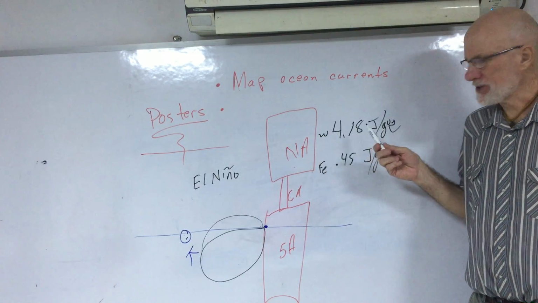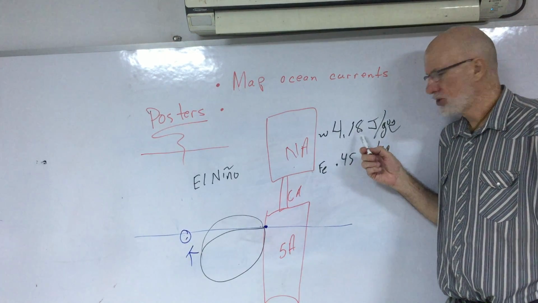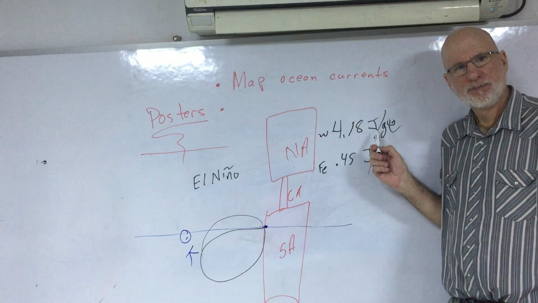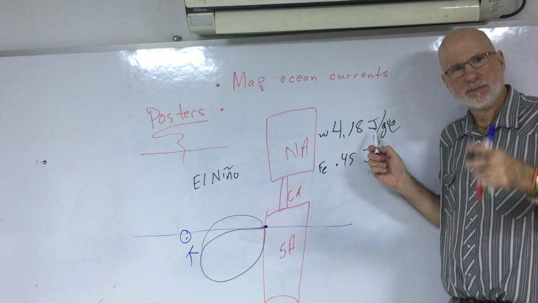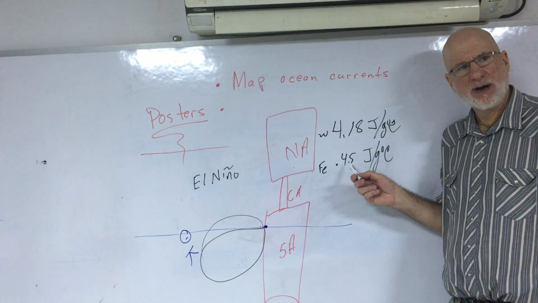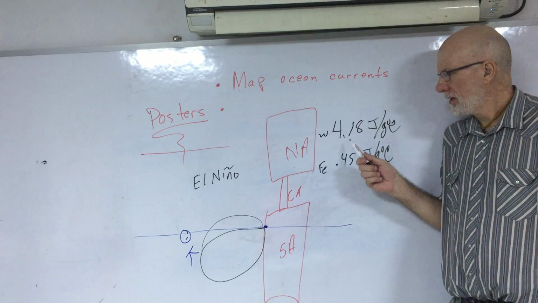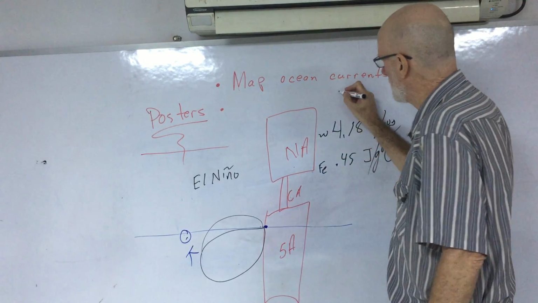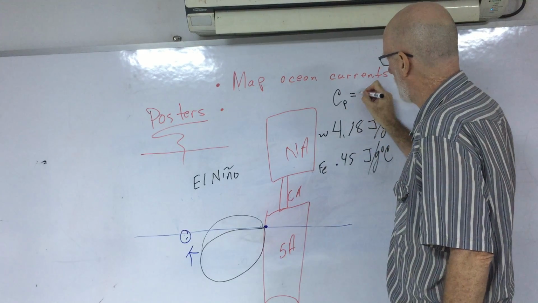The specific heat capacity of water is 4.18 joules per gram degree Celsius. Iron is 0.45 joules per gram degree Celsius. Specific heat capacity at constant pressure.